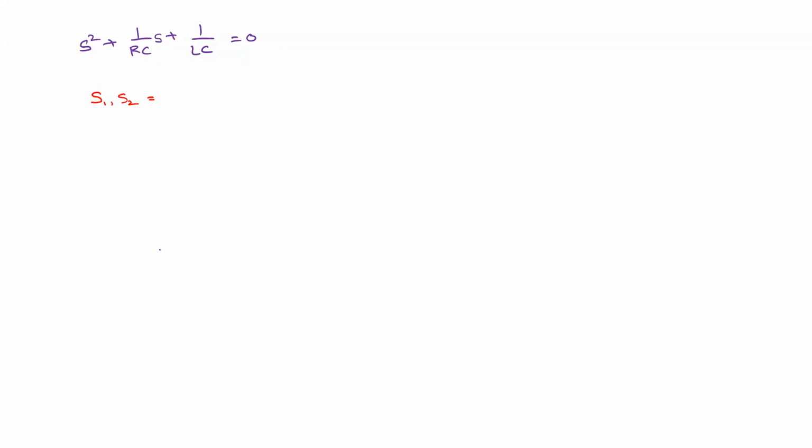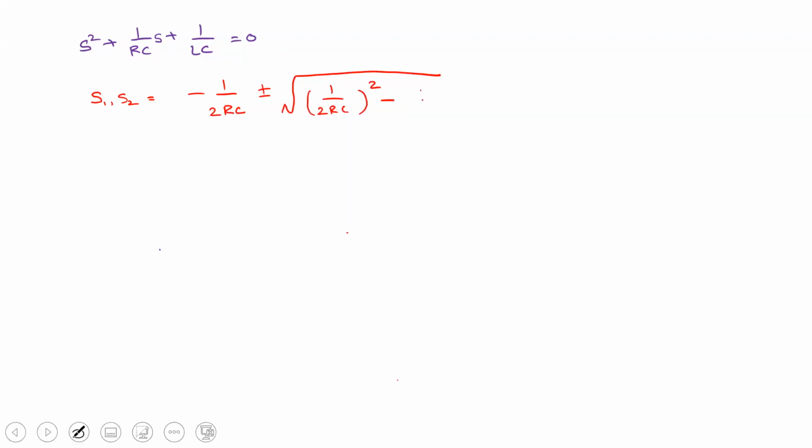If you find out the roots, it will be like this: minus 1 by 2RC plus or minus square root of (1 by 2RC) square minus 1 by LC. If you rearrange these roots, it will be in this form. Understood?